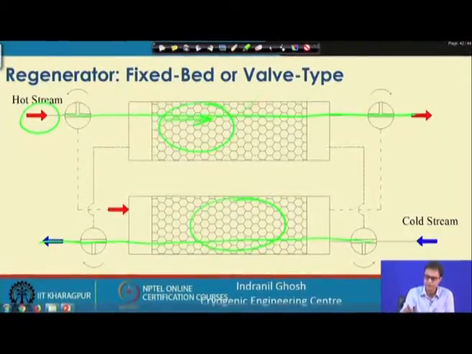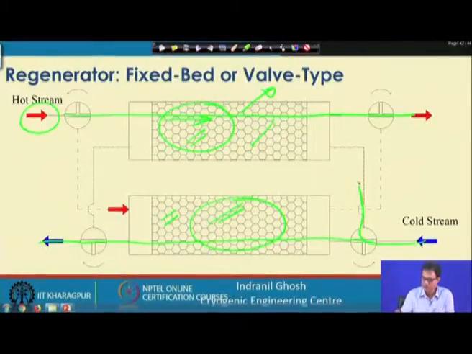When this matrix becomes sufficiently hotter, or this bed is sufficiently colder, and there is no more heat exchange possible from this regenerator, we will again switch over to the other configuration.